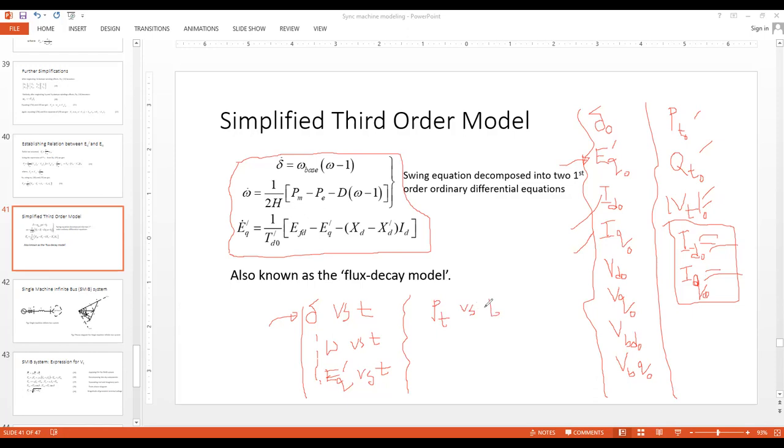Once we know the state variable trajectories, we would be able to calculate the other required values, Qt versus time, and some others of your interest. Of course, Vt magnitude versus time. So these would be the targets.